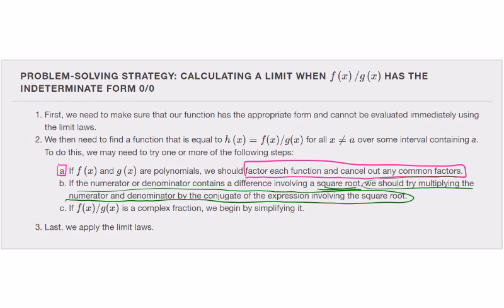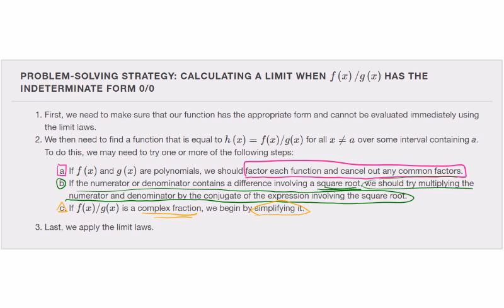And then finally here we have C, which is if we have a complex fraction, then we're just going to simplify it, okay? All right, and then once you get there, then you can apply the limit laws. Then we can get to a point where we can actually evaluate the function, just like we saw in the last example. All right, so those are the things that we'll explore.